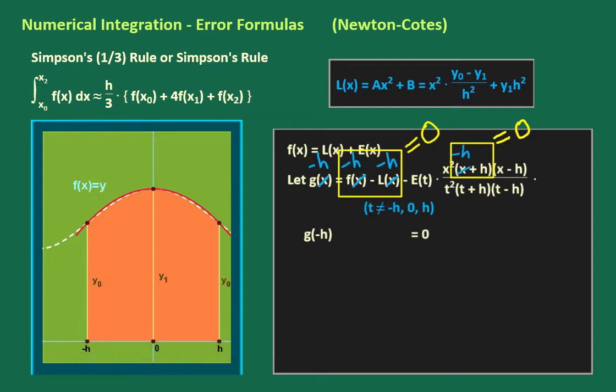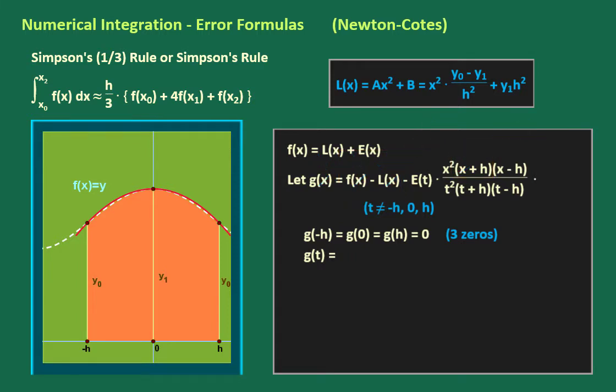As an exercise, one should check that g of 0 and g of h are also equal to 0. So g has 3 zeros in minus h, 0, and h, but there is a fourth 0. We determine the value of g of t by plugging in t for x. The first 2 terms on the right side are f of t and minus L of t.